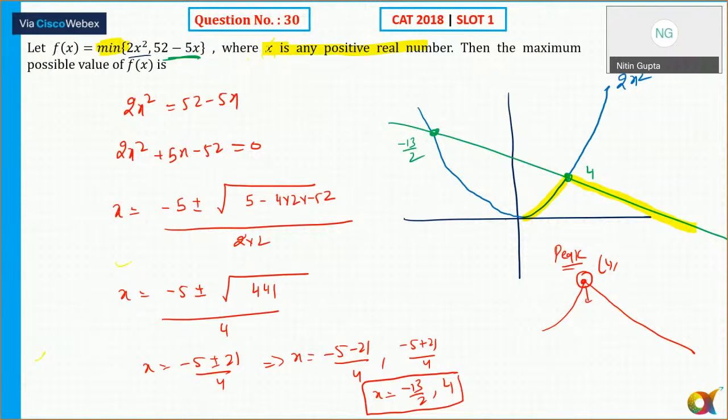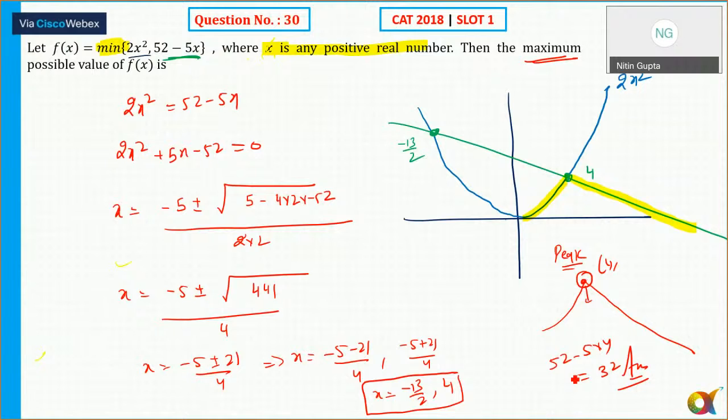So among the blue and green, I need to take the minimum one. So my answer will exist at x equal to 4. I need to find the maximum possible value of f of x. So at x equal to 4, what is the value of y? The answer is 52 minus 5 into 4, which is equal to 32. And this is the answer. So the answer for this question is 32.